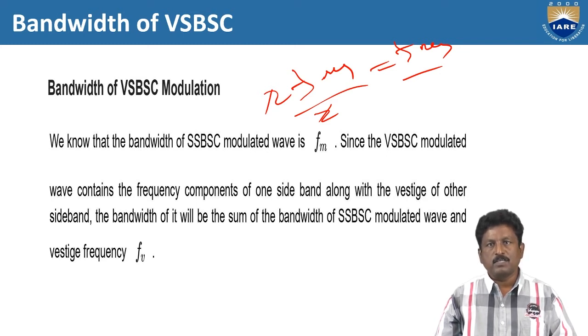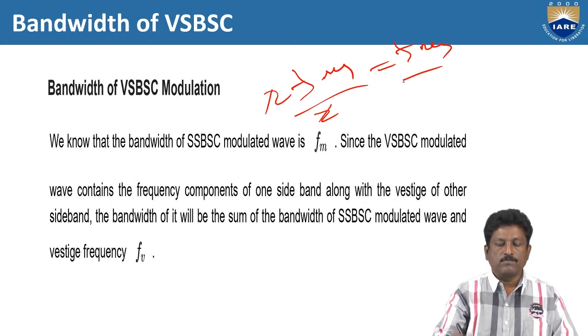Whereas coming to the bandwidth requirement for the VSB-SC wave, here we are transmitting one complete sideband along with a part of the other sideband, because Vestigial stands for a part of the other sideband. The bandwidth requirement for transmission of the one complete sideband is FM.